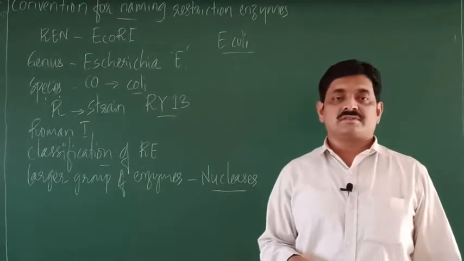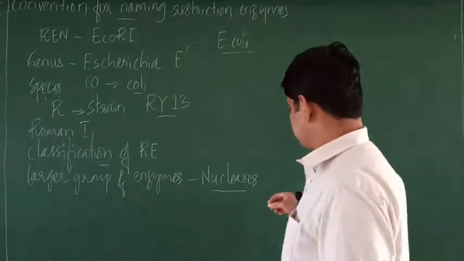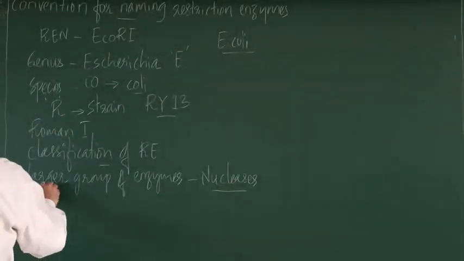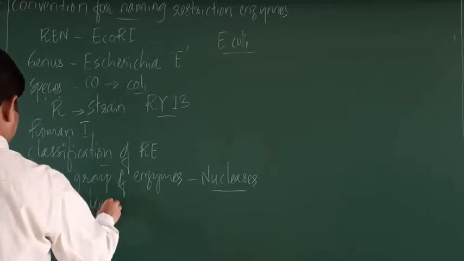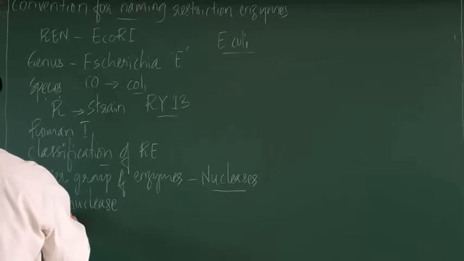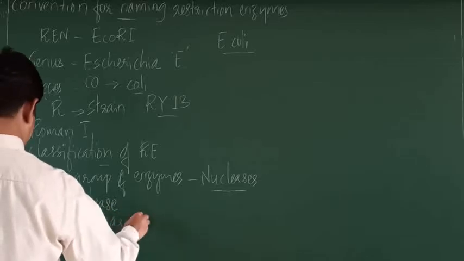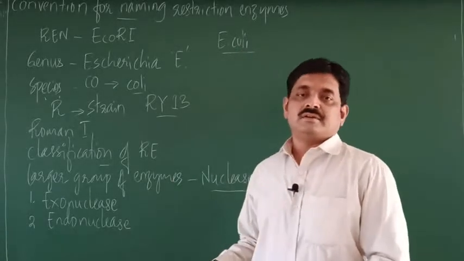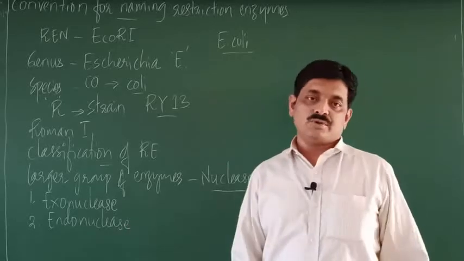Now these nucleases are classified into 2 categories: exonuclease and endonuclease. So nucleases are classified into 2 groups as exonucleases and endonucleases.